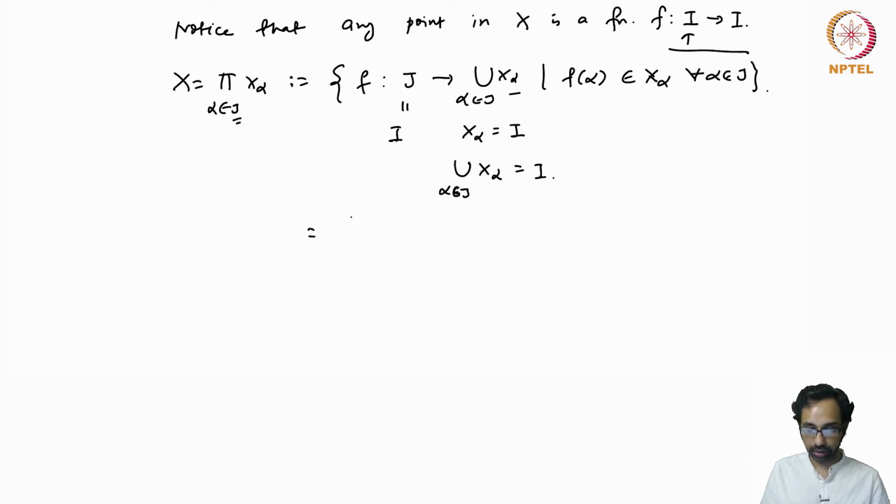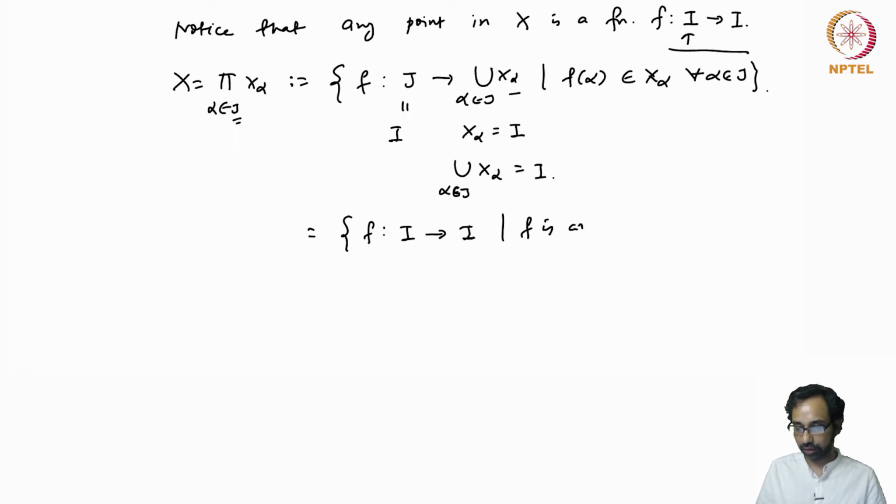So this is the set of all functions from I to I, and let me write here f is a function, any function, and we do not care about continuity of the function or anything, because the domain in fact does not have a topology yet.